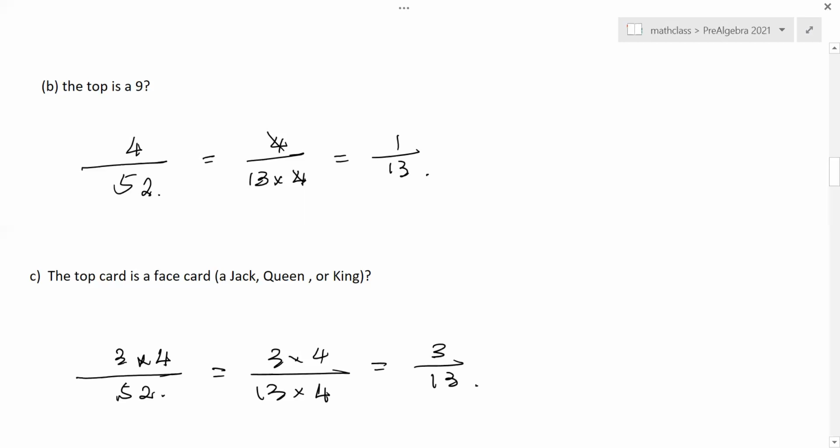You can try at home, right? That does not mean you change the probability. The probability is still 3 over 13. You have to take a card many times, more times, so you can do the experiment and record.